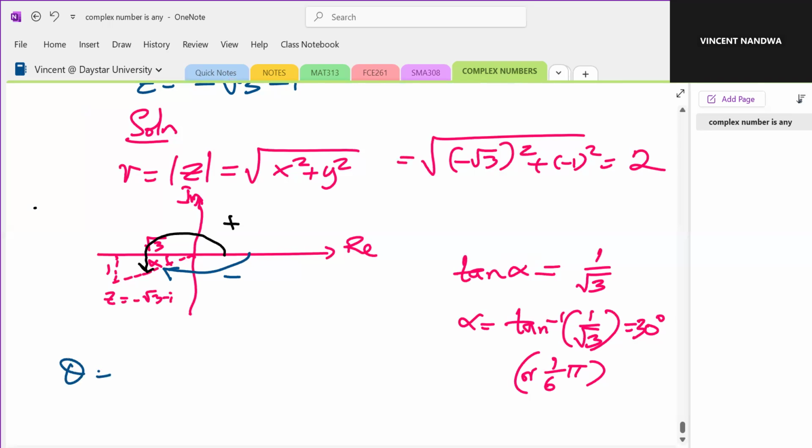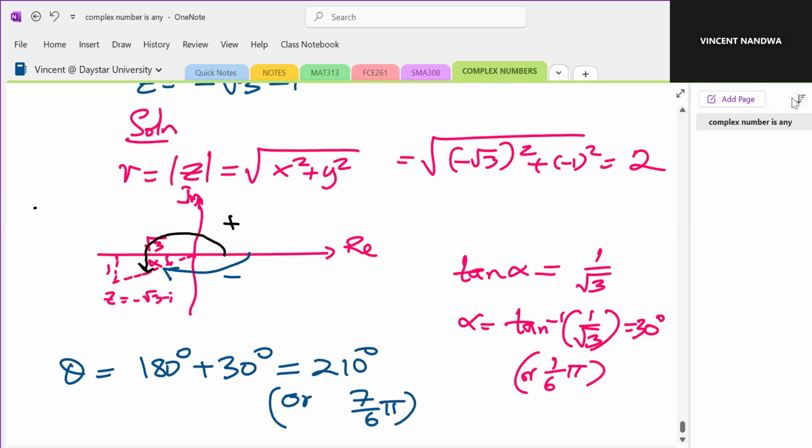So theta, if you take the positive direction, is simply 180 degrees plus 30 degrees, which is 210 degrees. This is the same as 210 divided by 180, which is 7 over 6 pi radians.